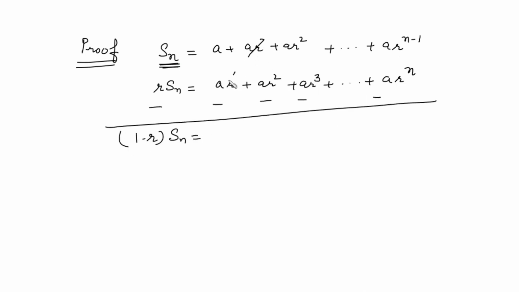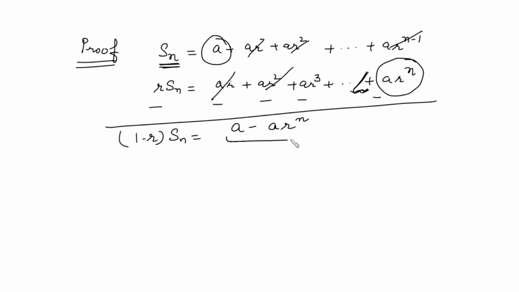Now see, these terms are cancelled out. This term will be cancelled out with the term over here. So you are left with this term and this term. Now you can take a common, and you will have this.